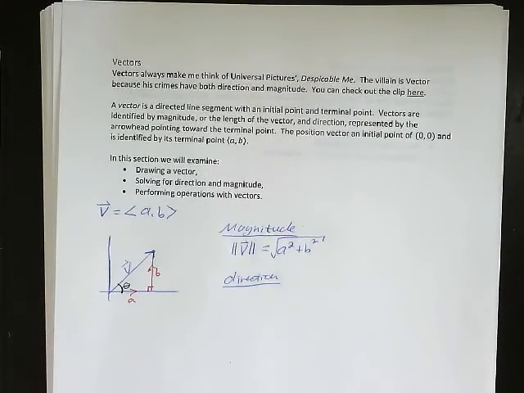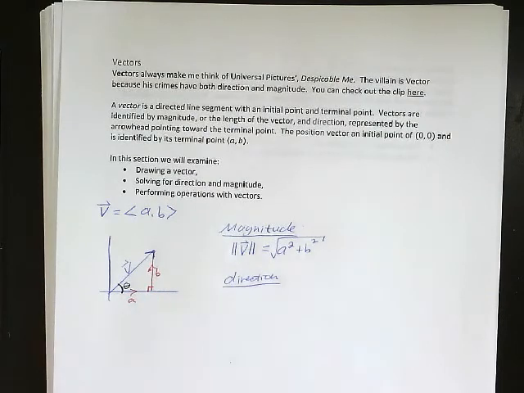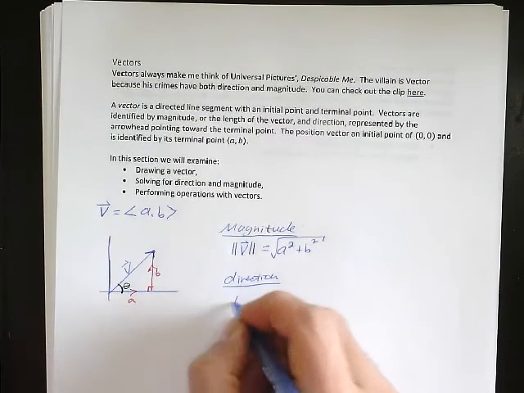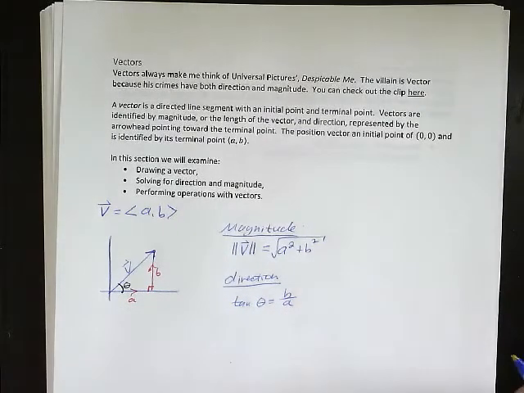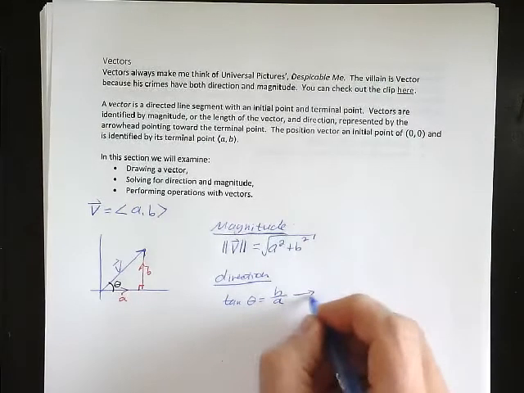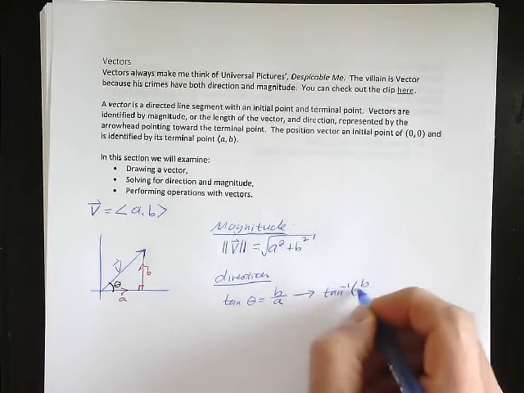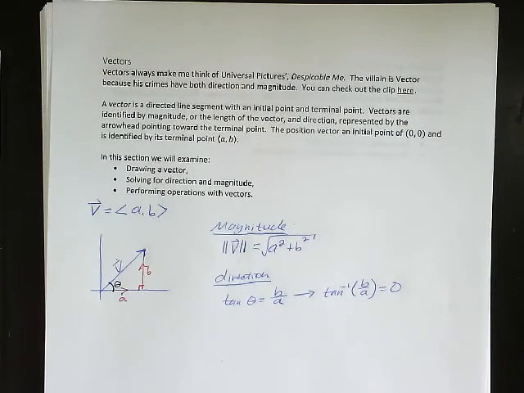For the direction of this, you want to find out that angle theta. Now remember, you're given a and b. So in this situation, the tangent of theta would be b over a. Or you could rewrite this as the arctangent, or inverse tangent, of b over a equals theta.